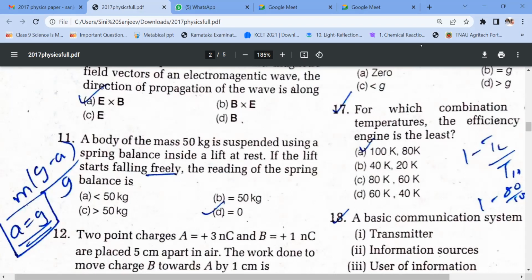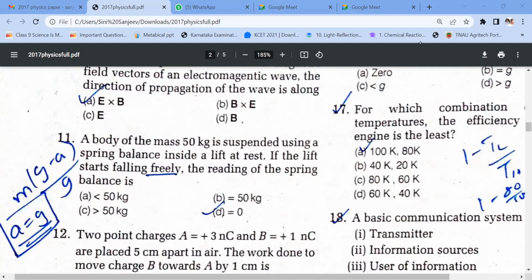It is 0 by using this formula, M into G minus A by G. If the leaf starts falling freely, then what will happen? A is equal to G. So obviously it will be 0. That's it.